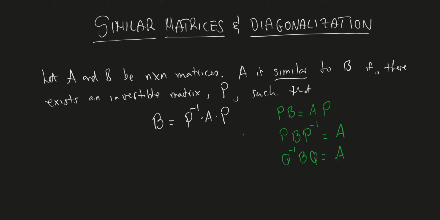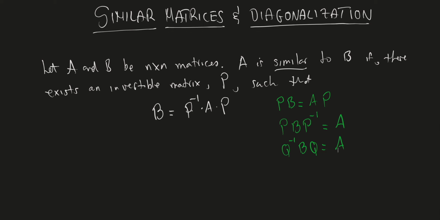So the idea of similarity is these few equations I've just written down. It shows that if A is similar to B, then B is similar to A. That similarity, just the way we use that word, makes sense. All right, so that's what it means for two matrices to be similar.